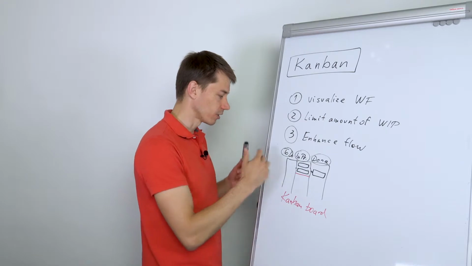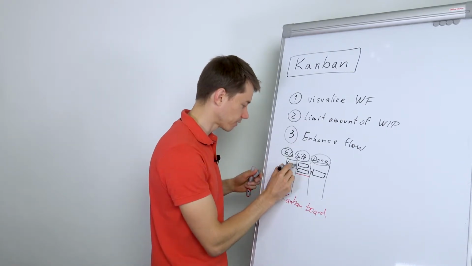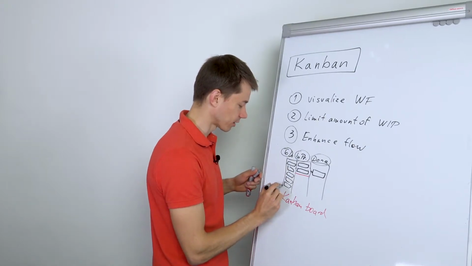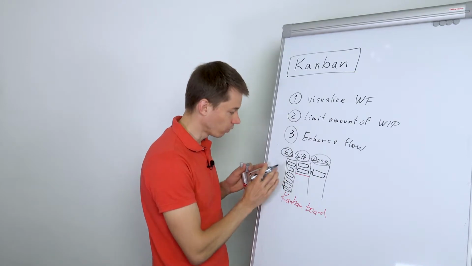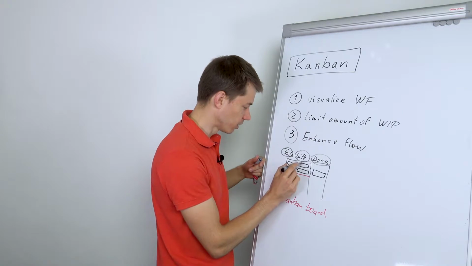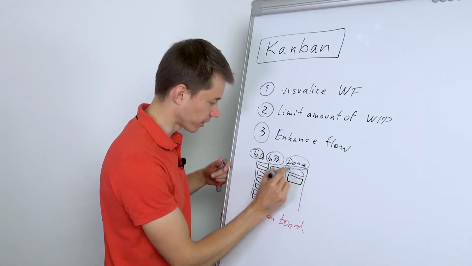So this actually encourages the flow of tasks. So here you have a task, here you can have 20, 30, 50 tasks in the backlog, okay? And you want them to move to done as soon as possible. So you have a task here that moves here, and then a task would move again here.